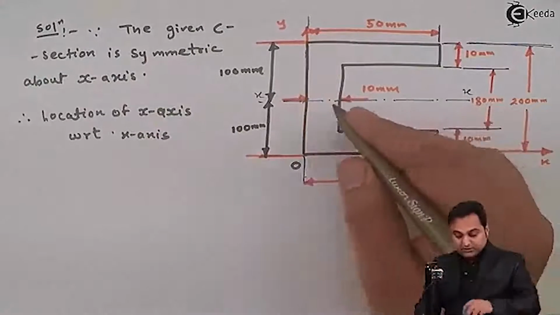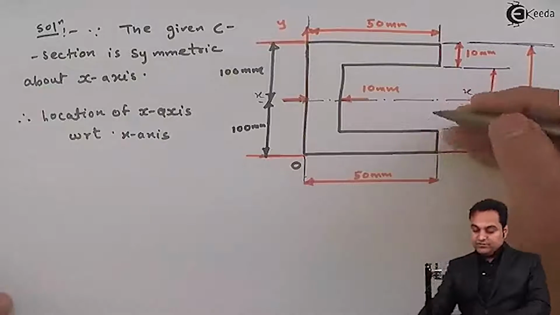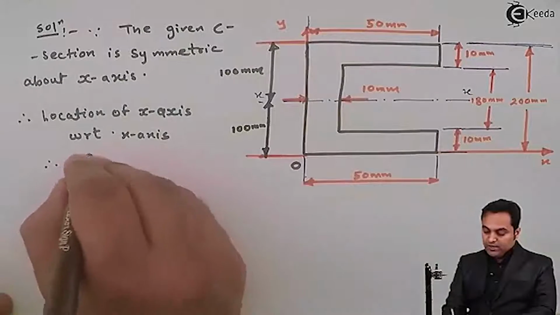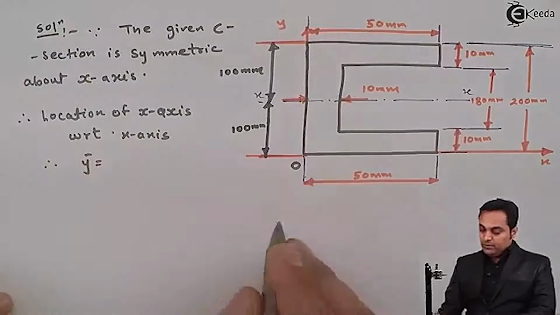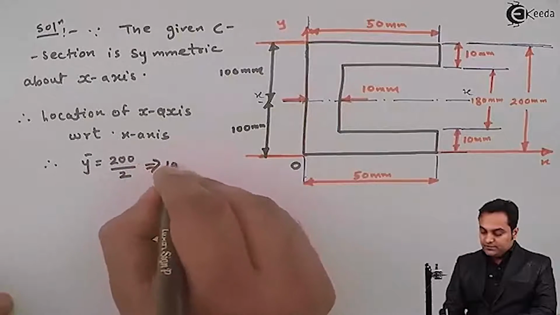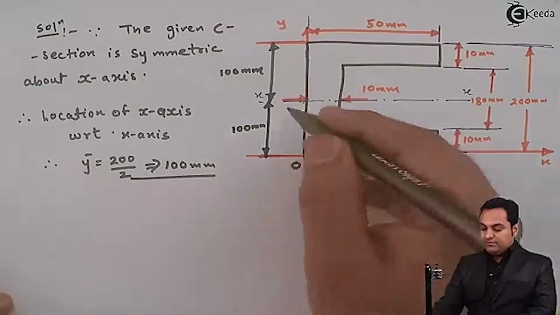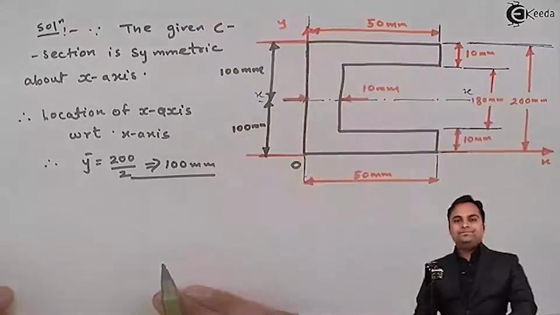Now the location of this x-axis we are finding with respect to x, so this distance will become y bar. Therefore y bar will be equal to half of 200, so this is 100 mm. So we can say that 100 mm distance is the same from bottom as well as from top.